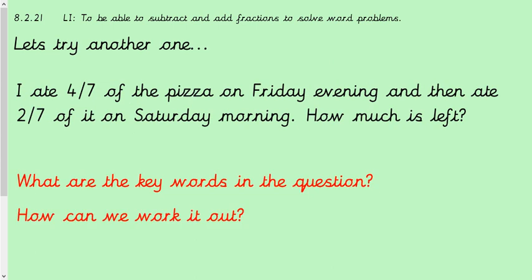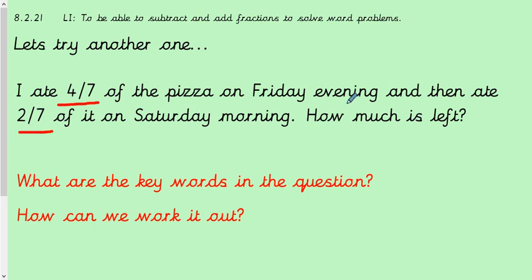The next one says, I ate 4/7 of a pizza on Friday evening and then ate 2/7 of it on Saturday morning. How much is left? So again, what are the key words in the question and how can we work it out? So straight away I can see I ate 4/7 of the pizza on Friday evening and then 2/7 on Saturday morning.